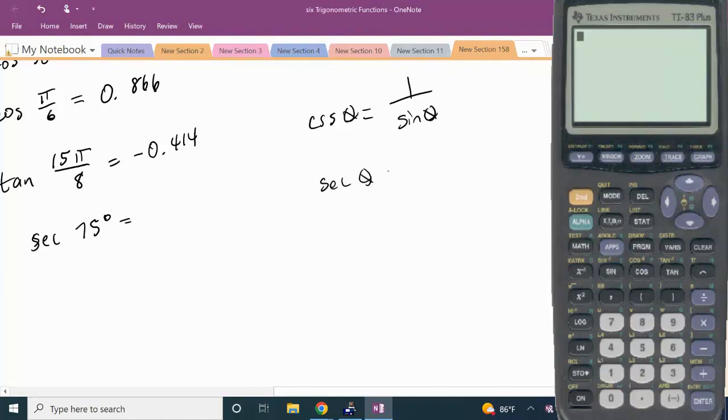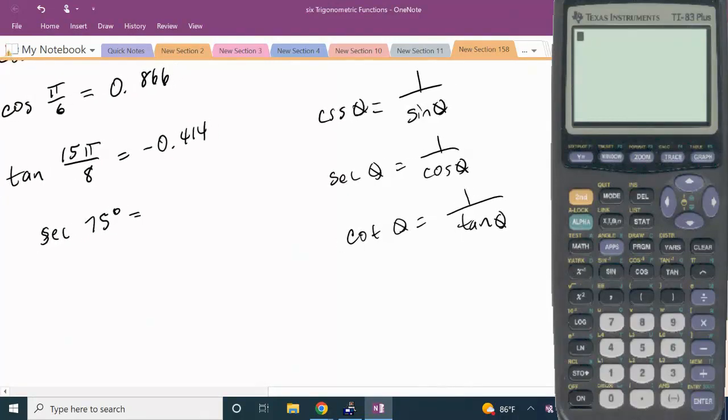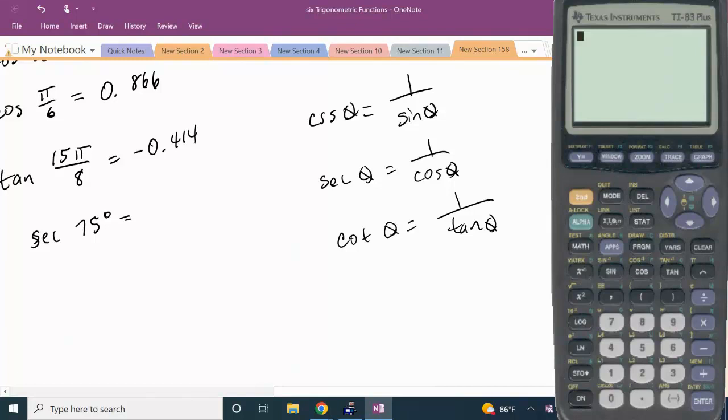The secant of some angle is 1 divided by the cosine of that angle. And the cotangent of some angle is 1 divided by the tangent of that angle. So in order to evaluate the secant of 75 using a calculator, I must put it in as 1 divided by the cosine of 75 degrees.